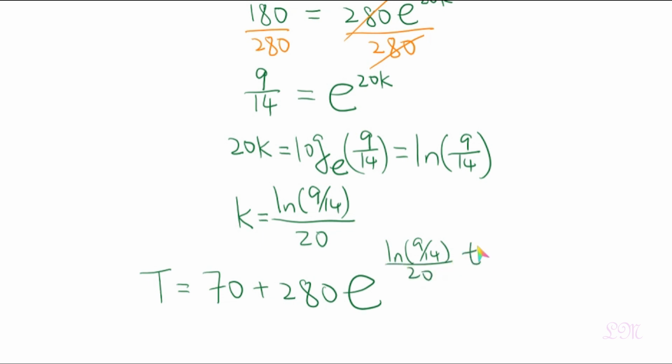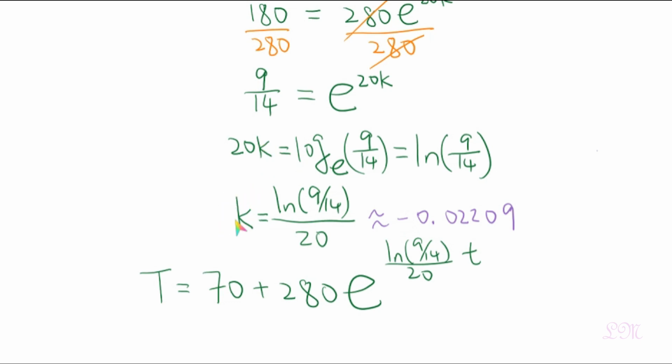We are pretty much done here, but there are ways to make your final answer look prettier. For problems like this, it's very likely that you can use your calculator. So instead of using natural log 9 over 14 over 20, you can just plug that in your calculator. And your calculator should give you approximately negative 0.02209. Remember we said in the previous video that k should be a negative constant.